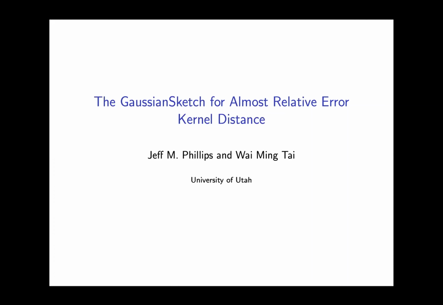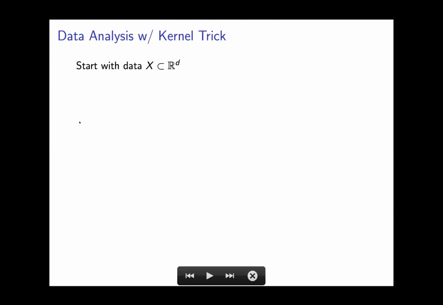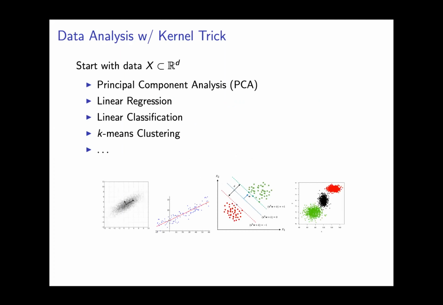So this is joint work with my recently graduated student, Wai-Ming Tai. I think of this as a problem in data analysis: you have a set of points in R^d, and you want to do some standard data analysis, PCA, regression, classification, k-means clustering, but the linear versions of all these sketches aren't working as well.